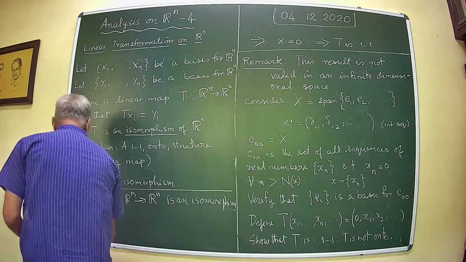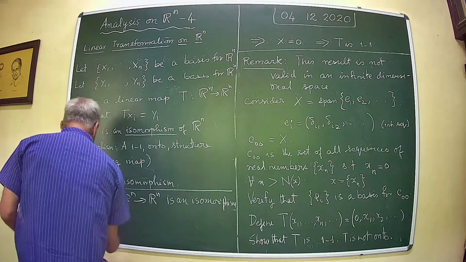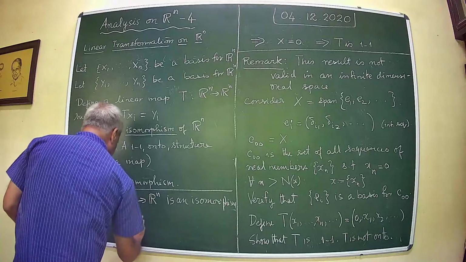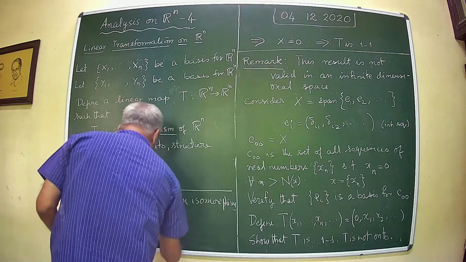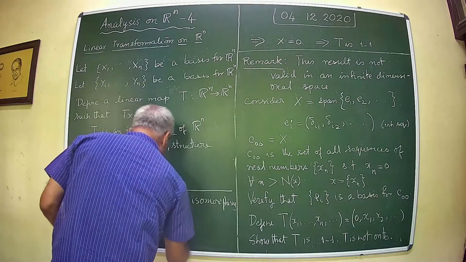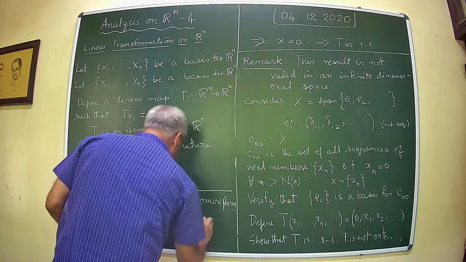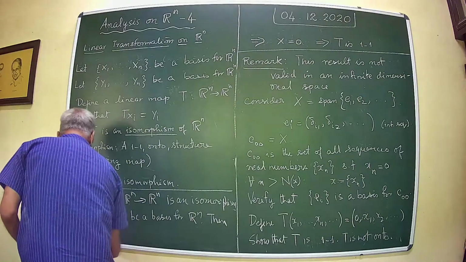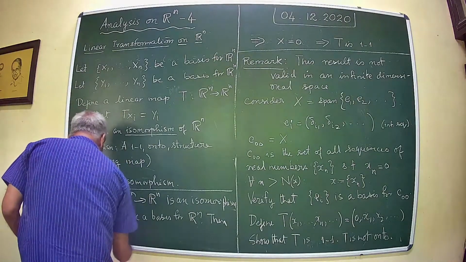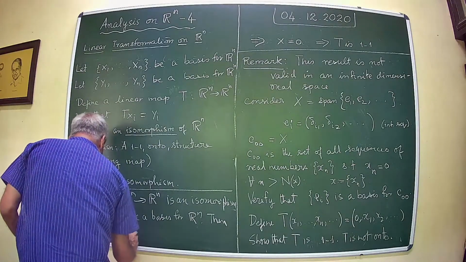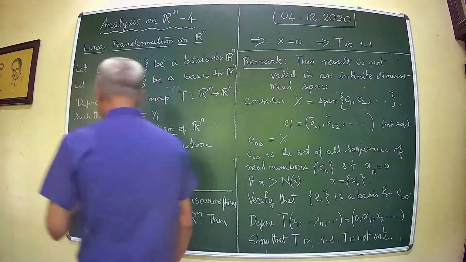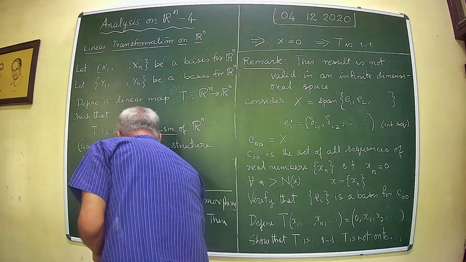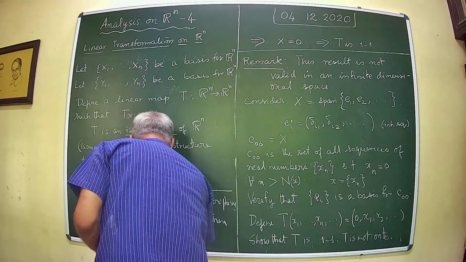Let x1, ..., xn be a basis for Rn, then Tx1, ..., Txn is a basis for Rn.